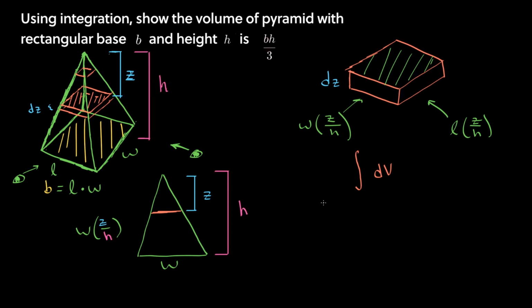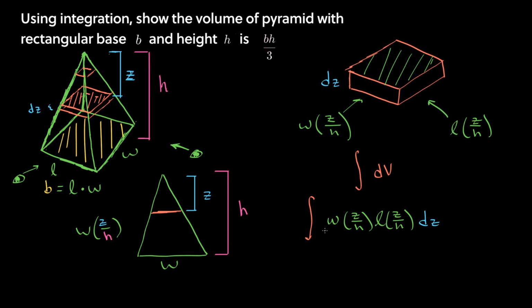So we want to integrate that. So let's start to construct our definite integral. We're going to have the integral, and we'll leave the limits for last. So we'll fill in our integrand first. So we're going to have W times Z over H times L times Z over H, and then times dz. We're going to be integrating with respect to z.